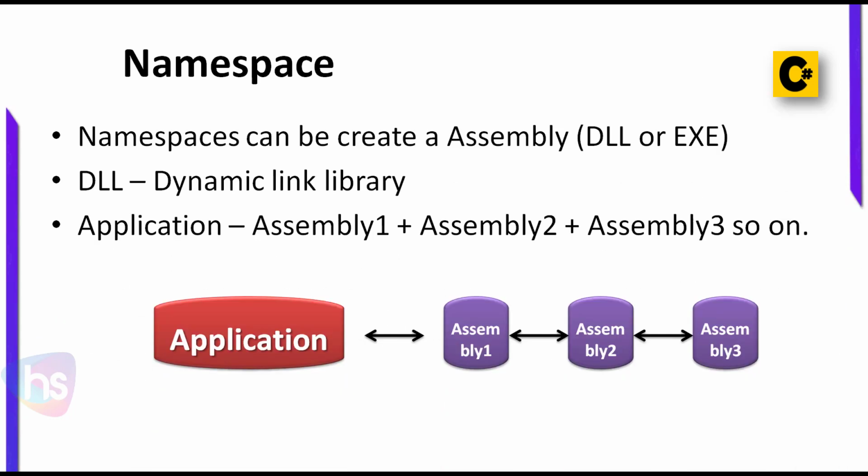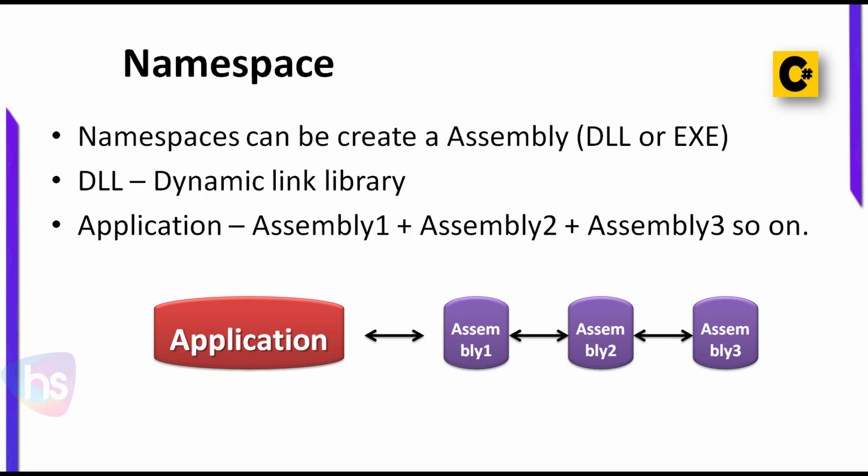The namespaces can be created as an assembly, which is called a DLL or exe file. DLL is dynamic linking library, and exe is an executable file. An application is a combination. Earlier I showed you the different types of classes.